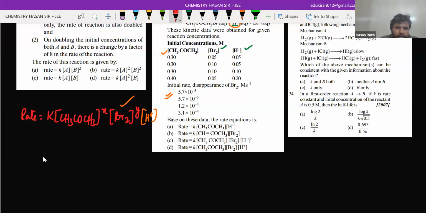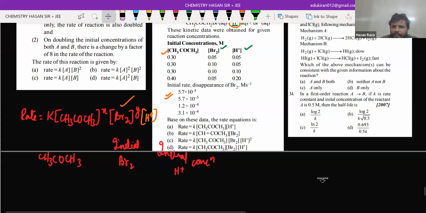First, this is the concentration of CH3COCH3, and this is the initial concentration of Br2, and then initial concentration of H plus as well. And this H plus is basically from the reactant.